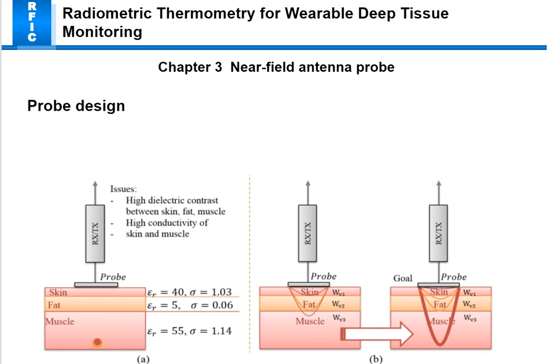As you can see in this figure, there is a high dielectric constant between tissues and high conductivity of the skin and muscle layer, resulting in attenuation in the tissue layer.